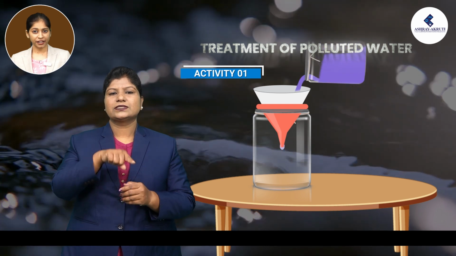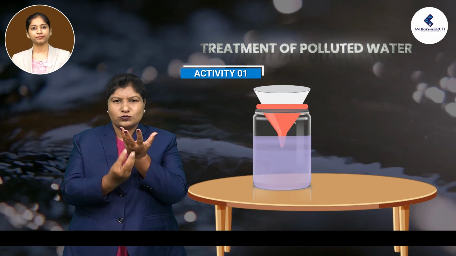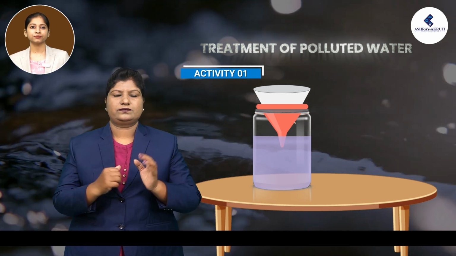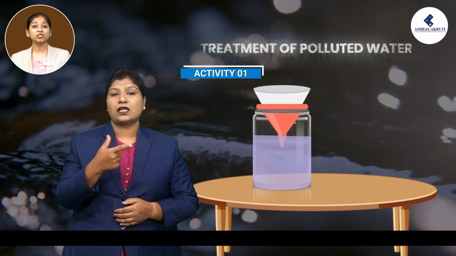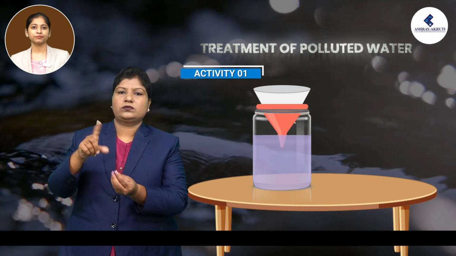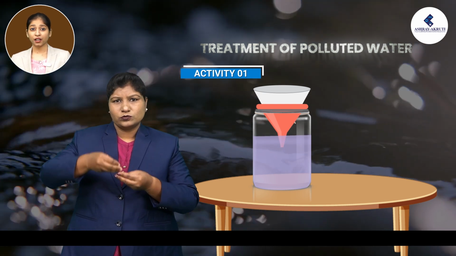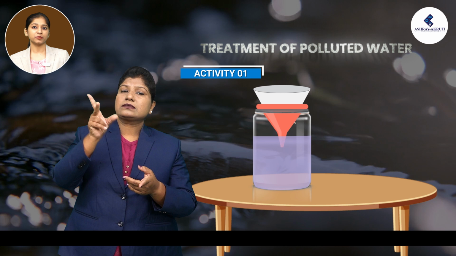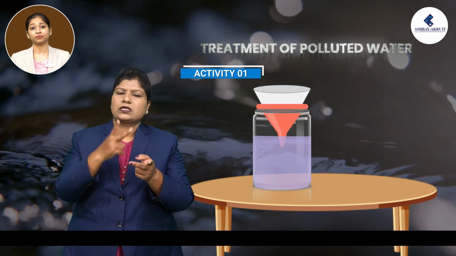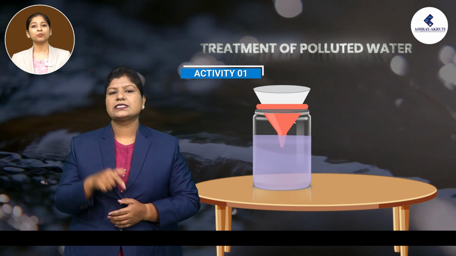Pour the remaining aerated liquid through the filter into the beakers. Do not allow the liquid to spill over the filter. If the filtered liquid is not clear, filter it a few times till you get clear water. This is a physical process.